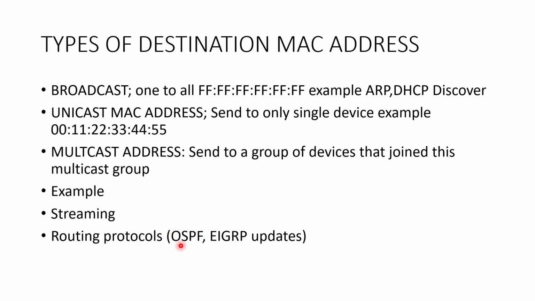They are going to advertise and share the neighbors' network information to each router without you having to go and manually configure any router. Also, we are going to have a separate video explaining how OSPF is configured and how it works, and how EIGRP works.